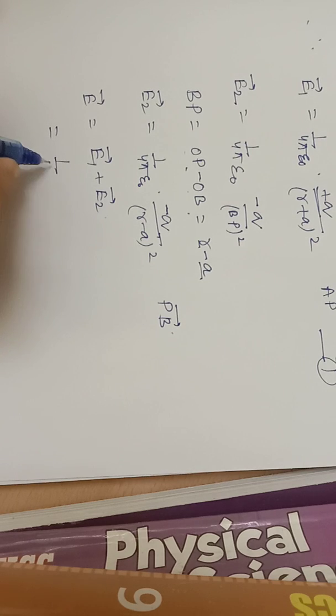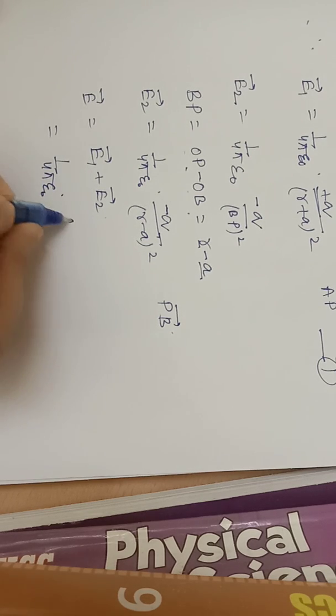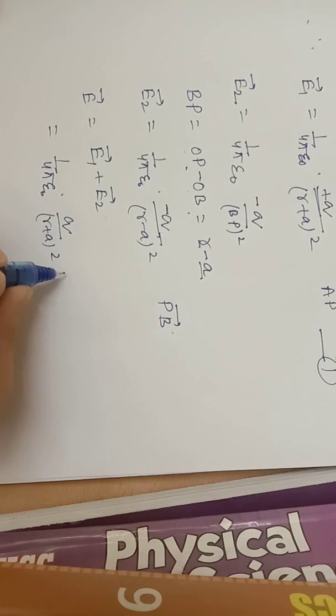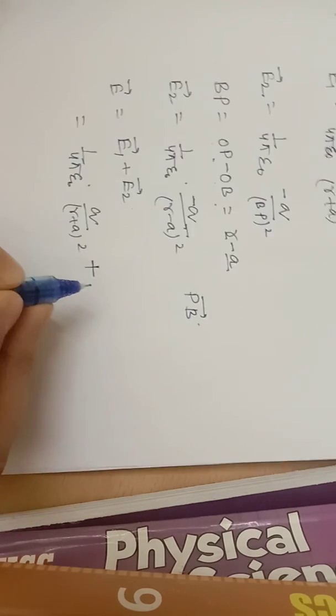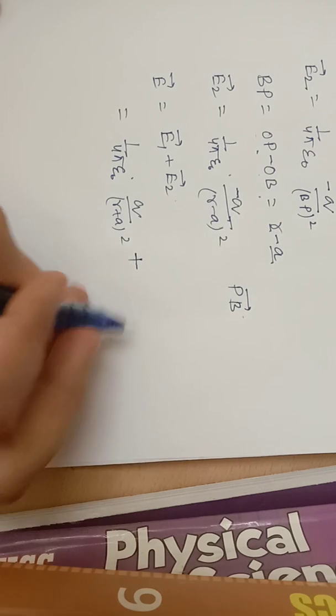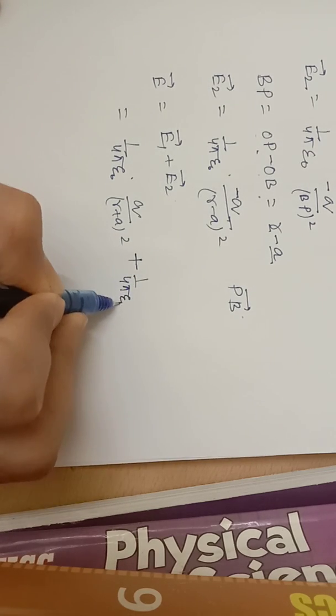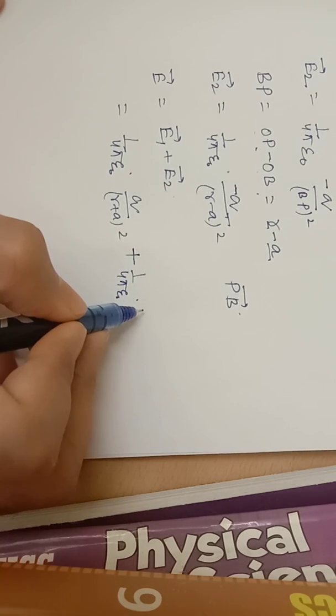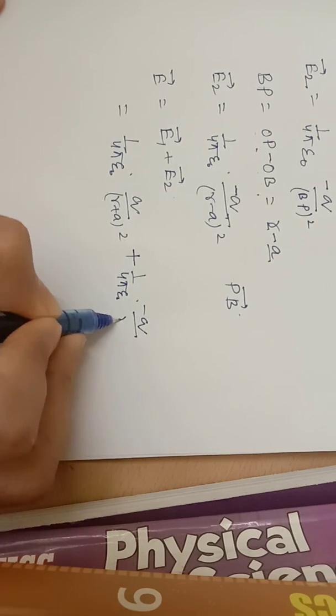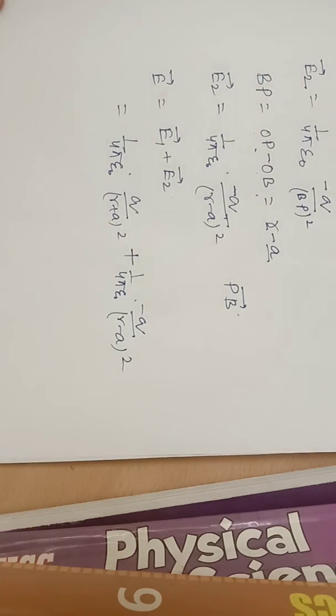So it will be 1 upon 4 pi epsilon naught, Q upon R plus A the whole of square, plus we are adding the two vectors, 1 upon 4 pi epsilon naught, minus Q upon R minus A the whole of square.